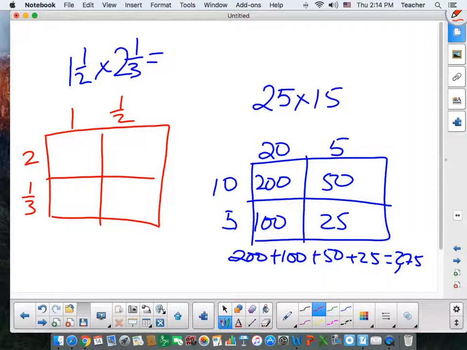What is 2 times 1? 2. What is 2 times 1/2, or 2 halves? It is 1, right? What is 1 group of a third? 1 times 1/3 is 1/3. And 1/3 times 1/2 is 1/6, right? So you're just multiplying the pieces, correct?